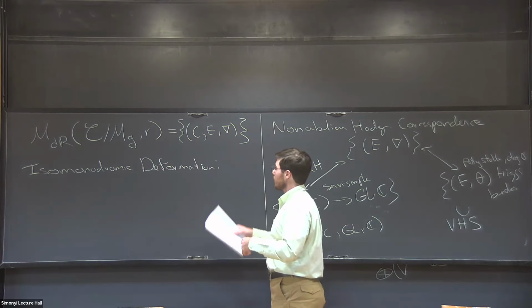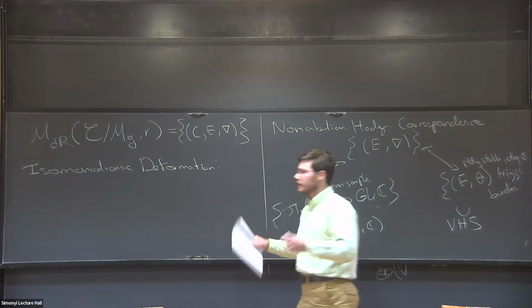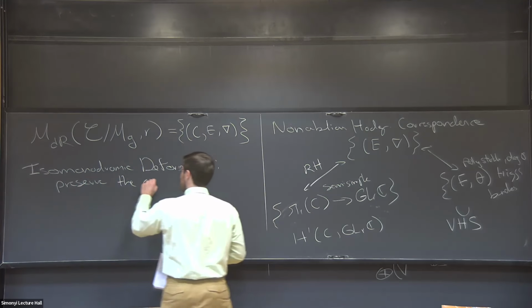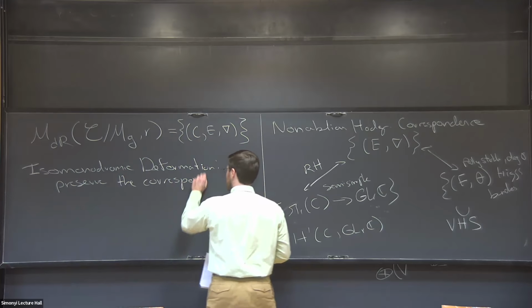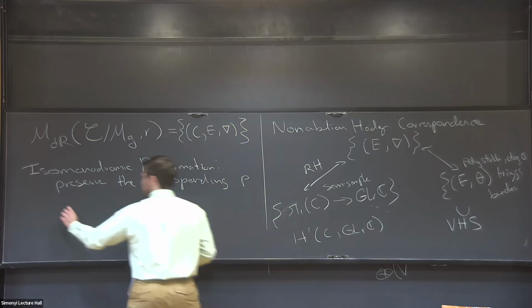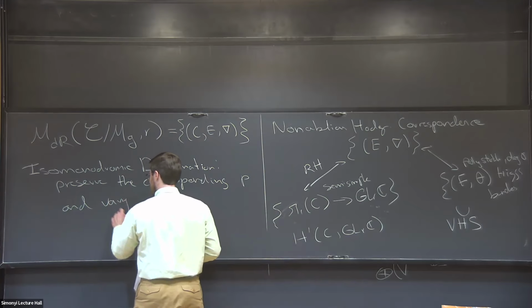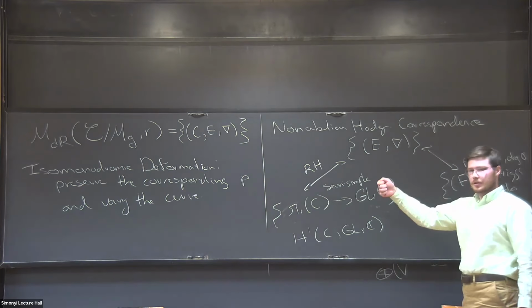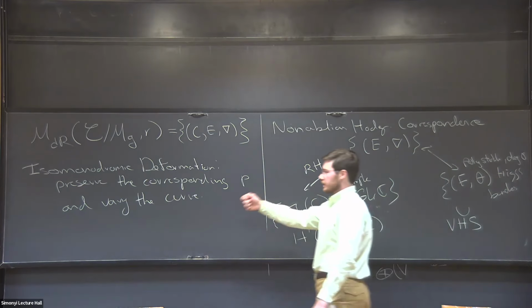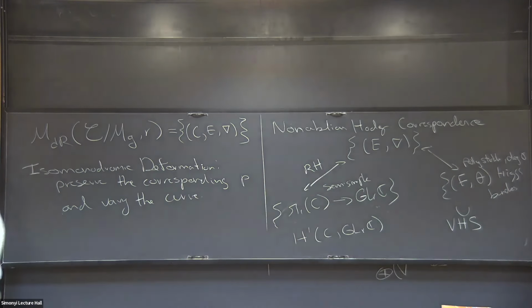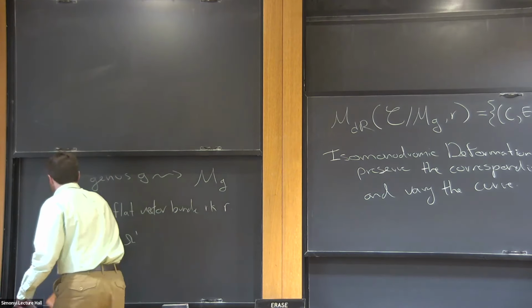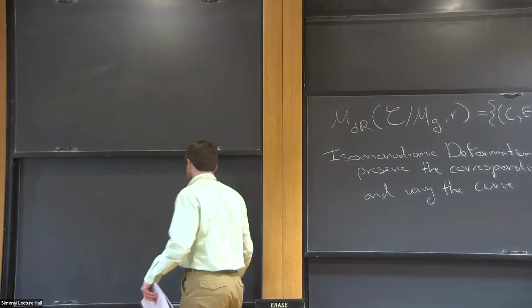So you're going to preserve the corresponding monodromy representation and only vary the curve. That means that if you have a Z variation of Hodge structure that you start with, then you'll actually stay a Z variation of Hodge structure as you move around. Stay as Z locus.